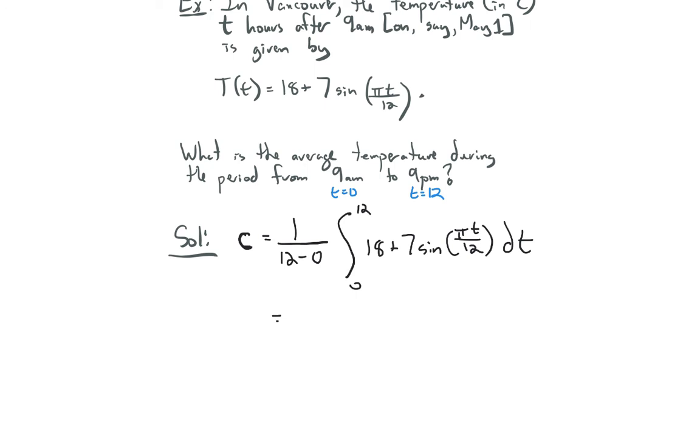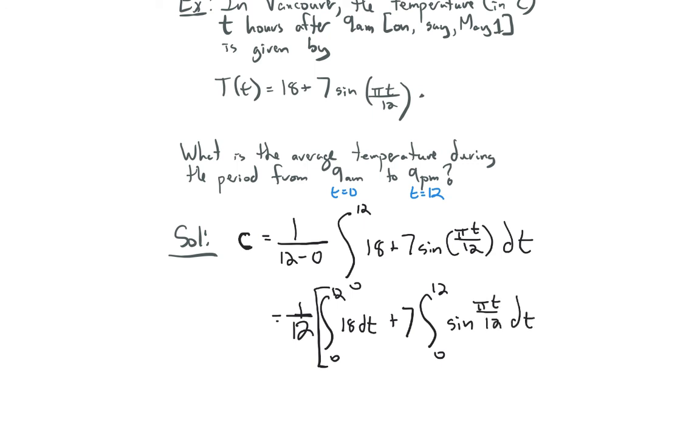So let's break this up maybe into some pieces. We'll leave the 1/12 out, and then we have the integral from 0 to 12 of 18 dt plus 7 times the integral from 0 to 12 of sine of pi t over 12 dt. And from here, the first part's pretty easy.